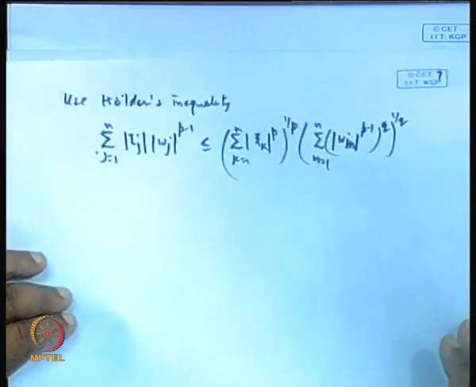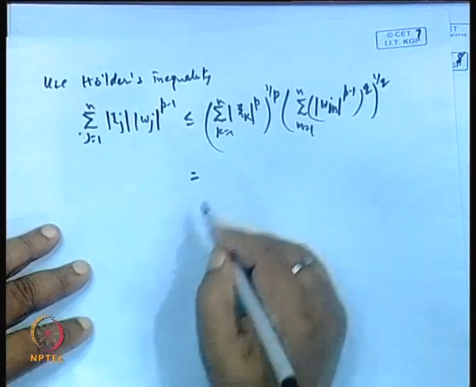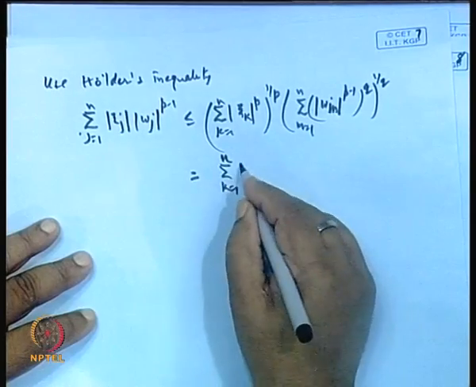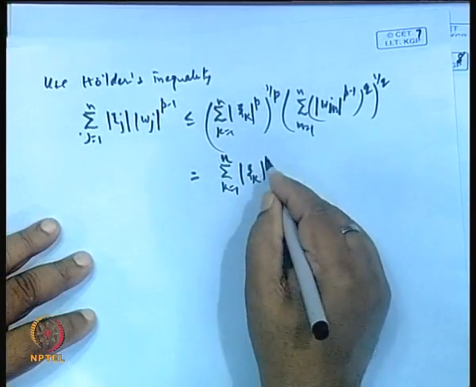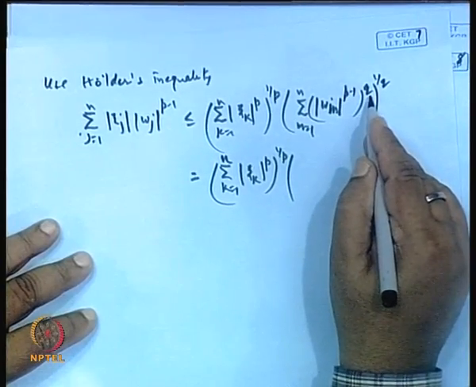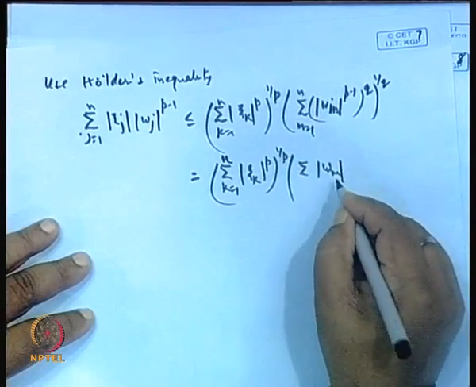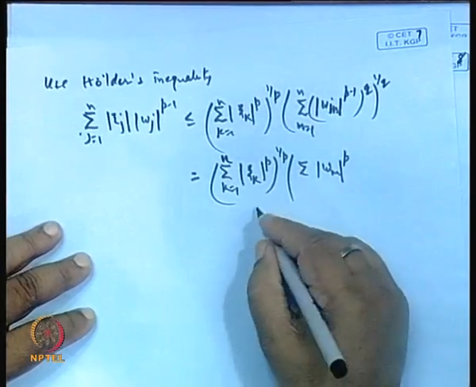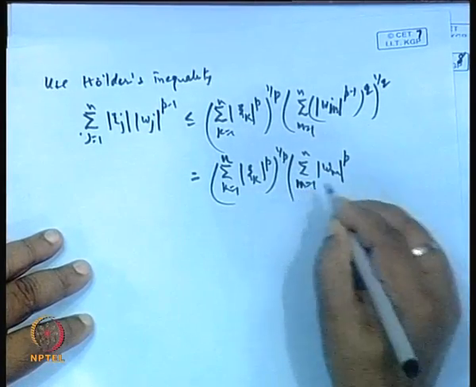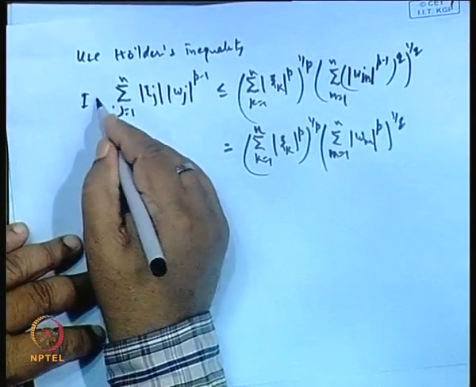And this will be equal to sigma k equal to 1 to n mod xi k power p power 1 by p, and we have seen that p minus 1 into q is p. So, this is sigma mod w m power p, m is 1 to n, power 1 by q. So, this is the first part.